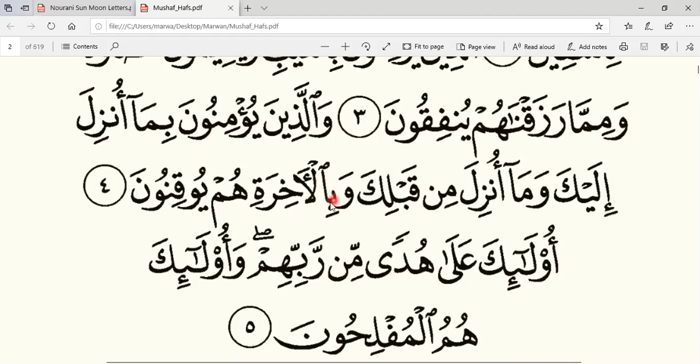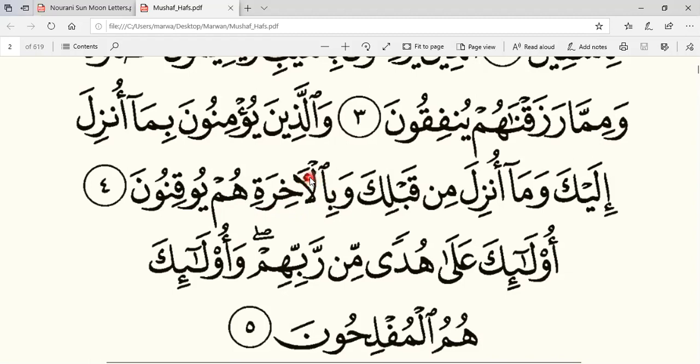So here, the ba is jumping to the lam, and after the lam, let's read from right to left. There's the lam, there's the hamza, and then there's the alif. Three letters back to back. So bil akhirati.